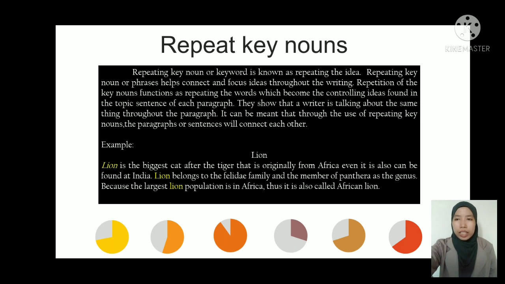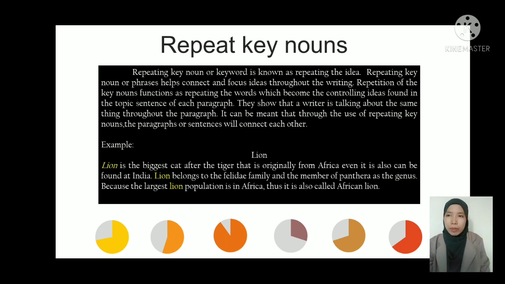Okay, I want to explain the example of repeating key nouns. You can see the slide about lion. From the example above, the word lion is the keyword. The keyword is repeated in the second sentence.